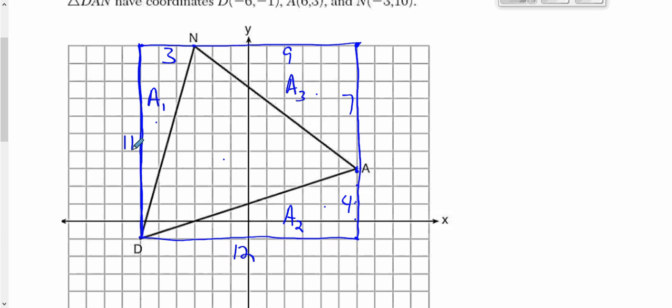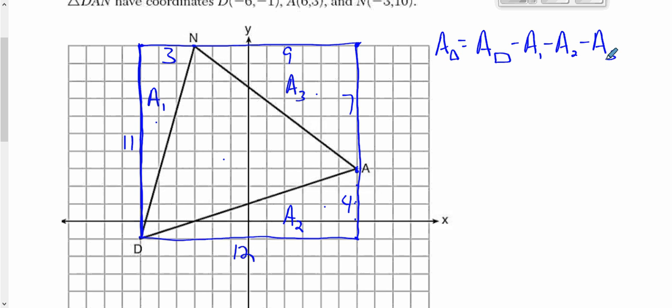So if I found the area of the entire rectangle and subtracted the area of these 3 triangles, area 1, area 2, and area 3, I can get the area of the triangle. So in other words, let me write this down. Area of the triangle will equal the area of the rectangle minus area 1 minus area 2 minus area 3.